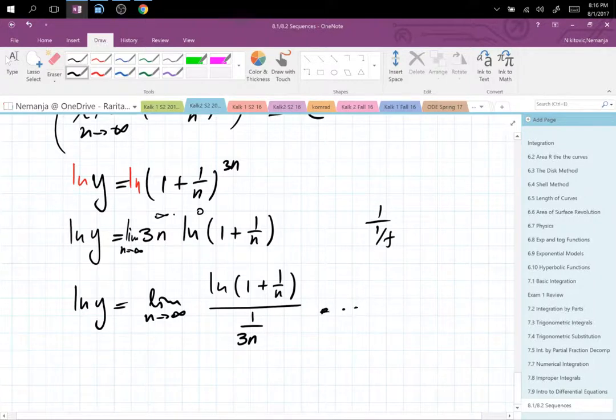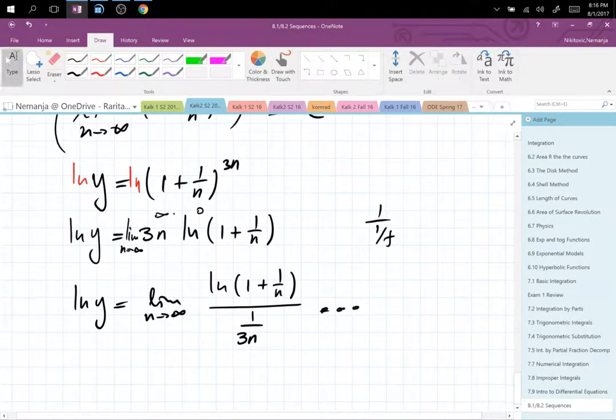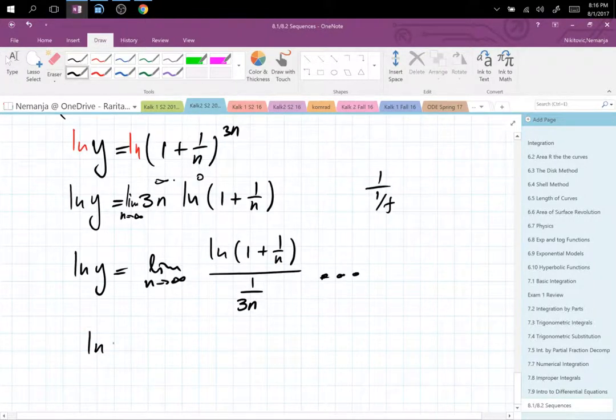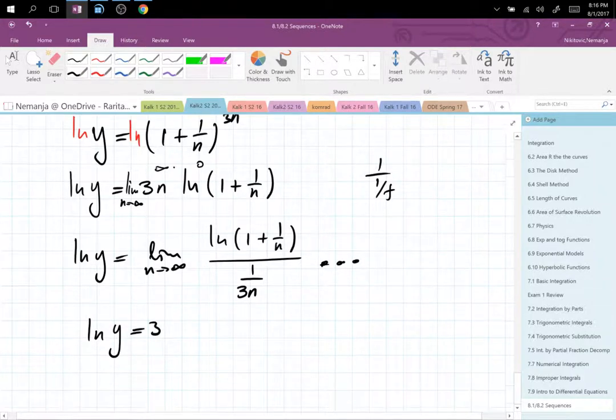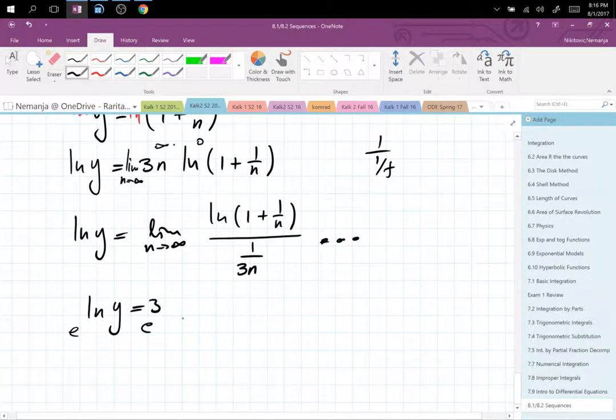And then as you do this, eventually you will get that ln y is equal to 3, e both sides, and you get y is equal to e cubed. There's about half a page of work where the 3 dots are. So you have to take independent derivatives, top and the bottom, and then we'll go.